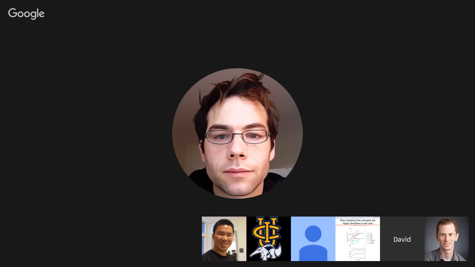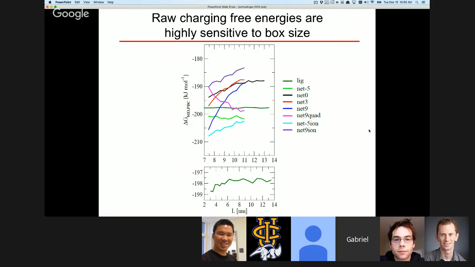The effects are exaggerated in the cases that do not have neutralized proteins. So if you look at three of these curves, the top one, which is net 9 ion in purple, and the net -5 ion at the bottom in light blue, and also the net 0, you'll see that they all look pretty similar.